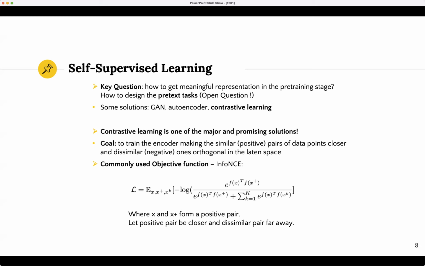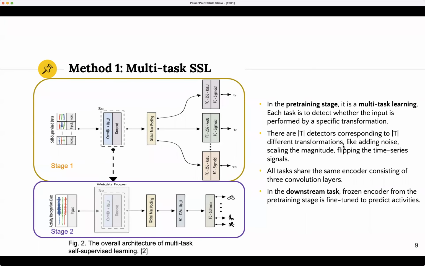It can be generated from some transformation, or it can be in the same sequence as the target data. So generally speaking, those two in a positive pair should have very similar or co-occurrence relationships.